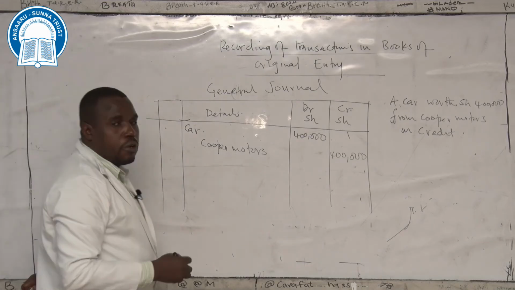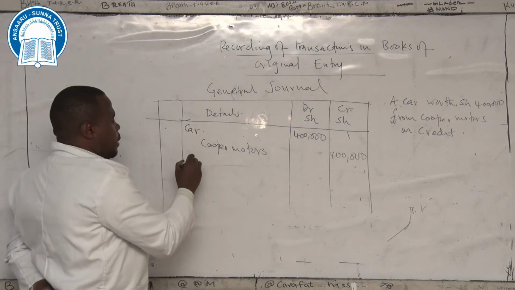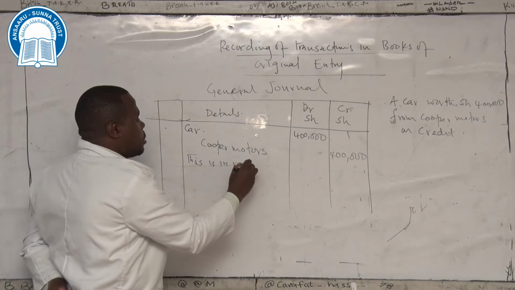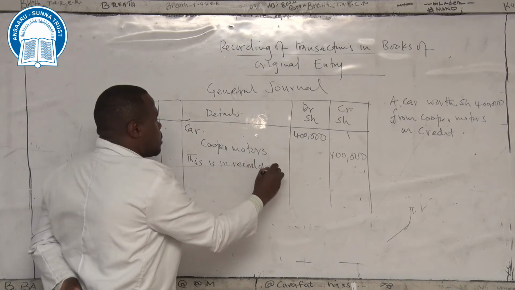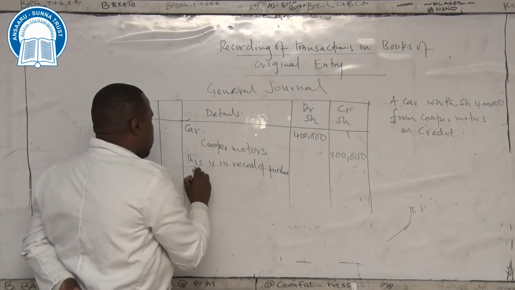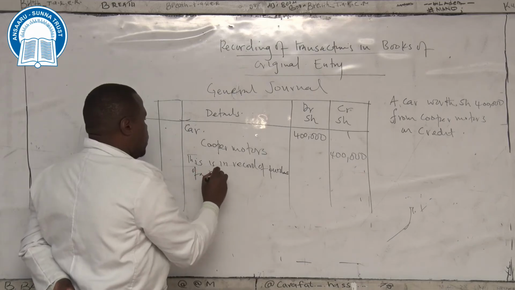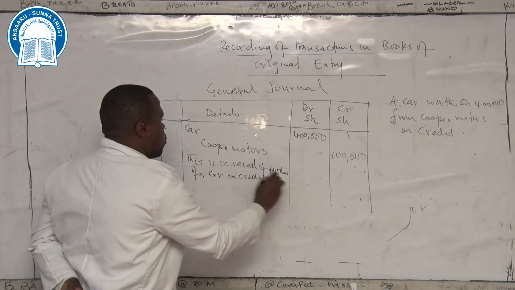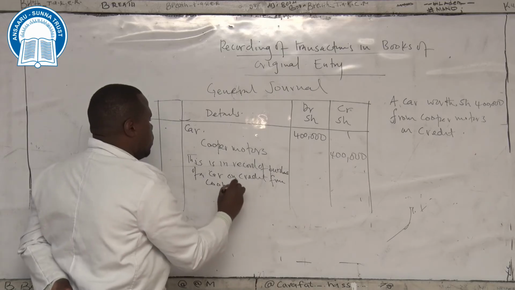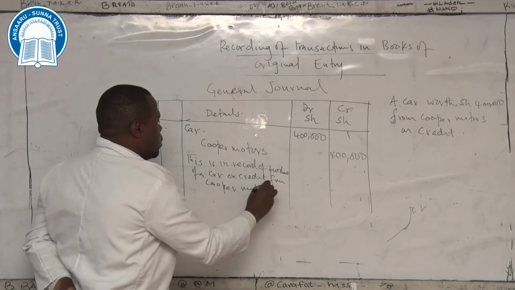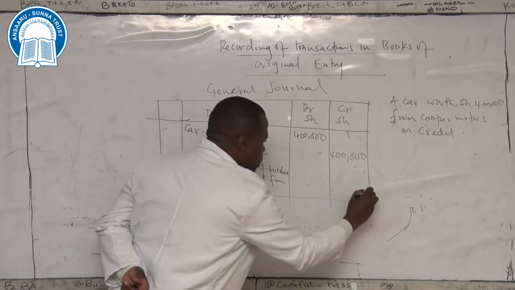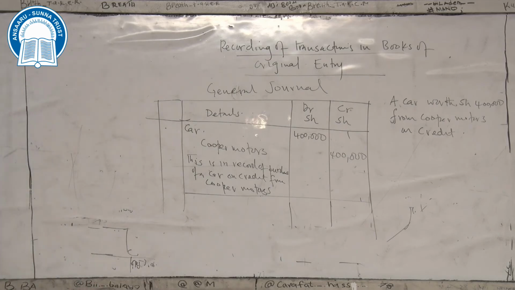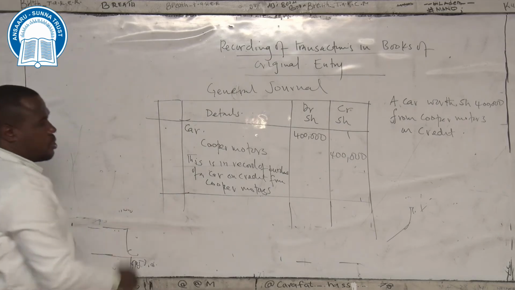Then the narration follows. You have to write here the narration, which is: this is in record of purchase of a car on credit from Cooper Motors. Then you underline like that to move to the next transaction.